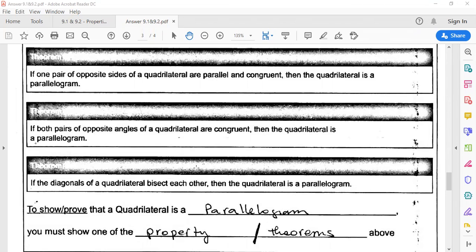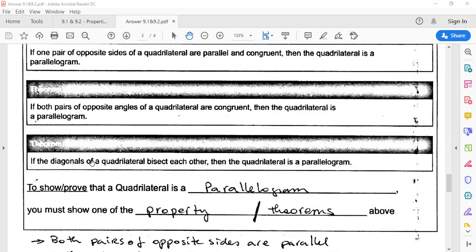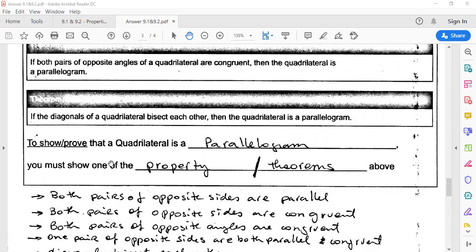The other way to show it is by the diagonals. Remember, the diagonals bisect each other. If I'm given a quadrilateral with diagonals, and I can show that the diagonals bisect each other, then I'm proving that the quadrilateral is a parallelogram. To prove that a quadrilateral is a parallelogram, you must show one of the property theorems above.